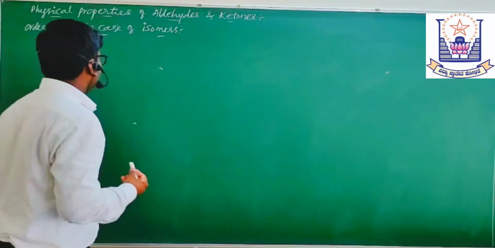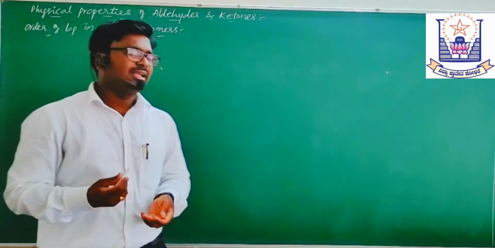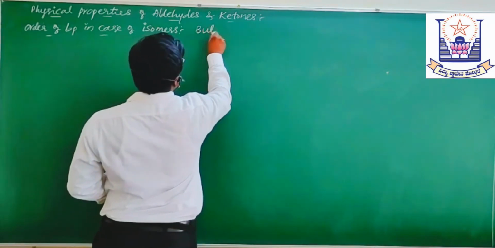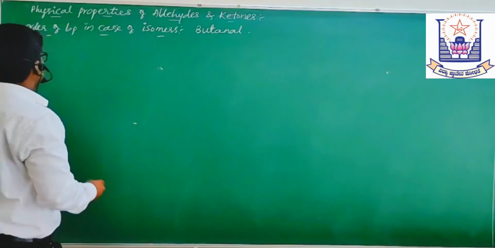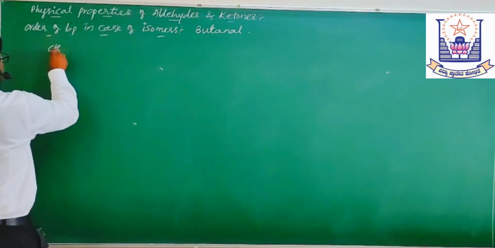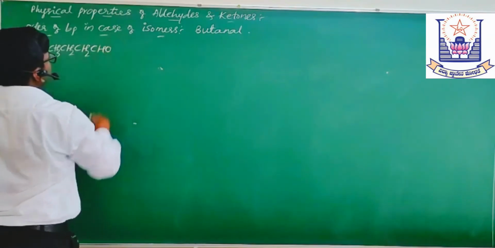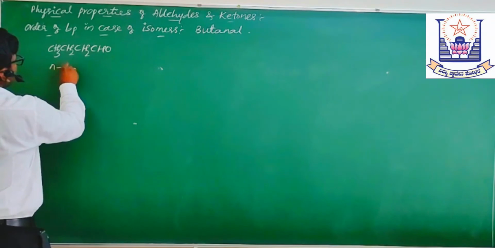Okay, let us see that in case of butyraldehyde, or butanol. Let's see that CH3, CH2, CH2, CHO. It is a normal butyraldehyde.